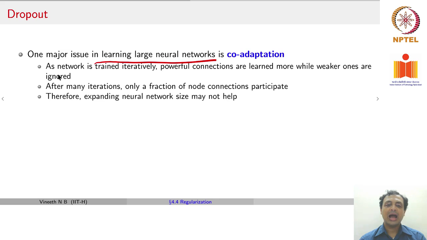Co-adaptation should remind you of what we talked about as Hebbian learning at the start of this week, that as a network is trained iteratively, powerful connections are learned more and more while weaker ones are ignored.